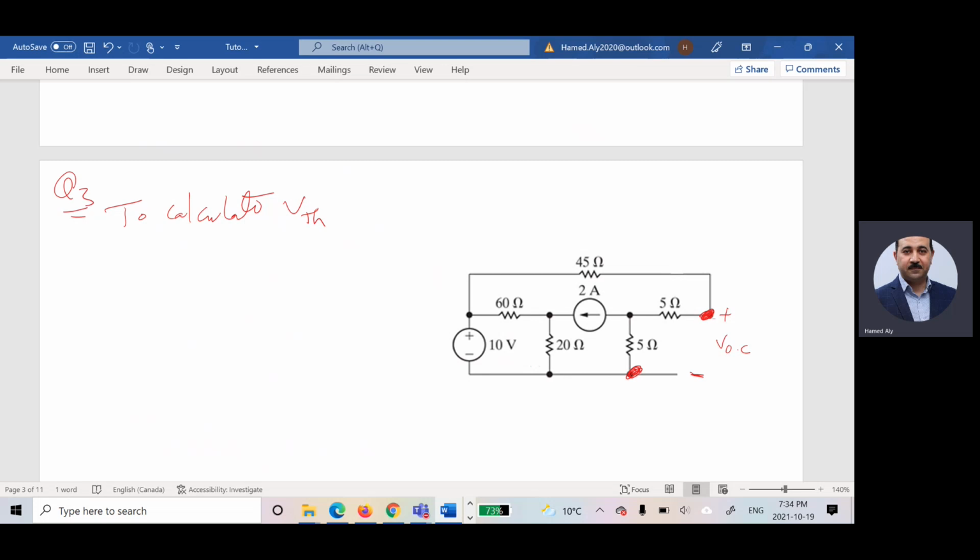If you decided to use mesh current, at that time, I have a current in this guy. Imagine which direction you like, clockwise or anti-clockwise. Clockwise, so this is the direction of the current. So this is I1. This is the direction of the current. And this is the direction of the current. This current will be I2.